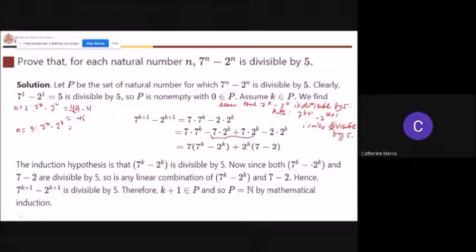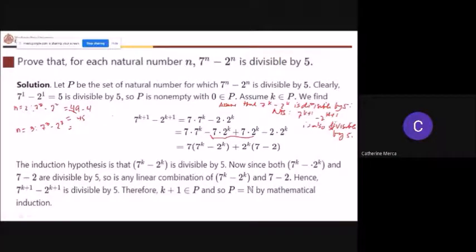Alam niyo yung ginagawa natin, yung mathematical manipulation. We manipulate this quantity by adding and subtracting the same value. So you add minus 7 times 2 to the k, and you add plus 7 times 2 to the k, which is actually your 0.